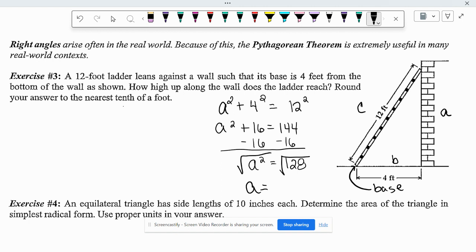Yeah, and we'll practice. Okay. What did we get for that? A is about 11.3. 11.3 puppies, 11.3 donuts. This is a real world example. 11.3 feet high. Good job.